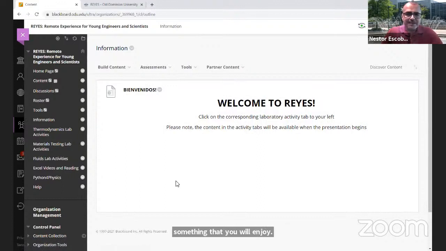So on the screen, you should be able to see what is called Blackboard, which is a communication tool that faculty members have to communicate with the students. It's also a central point where we locate all of the information related to all courses.